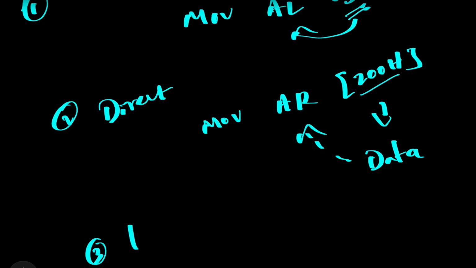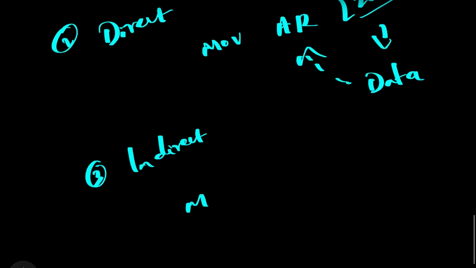In the same way, we have the indirect, where we can say MOV AL, [BL]. Now the data inside the address held in register BL will be moved to the AL register.